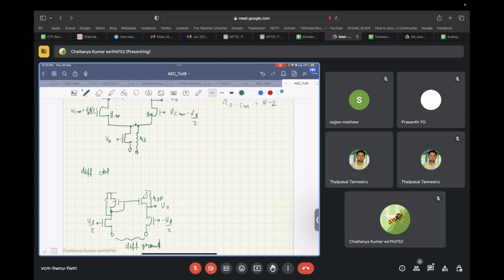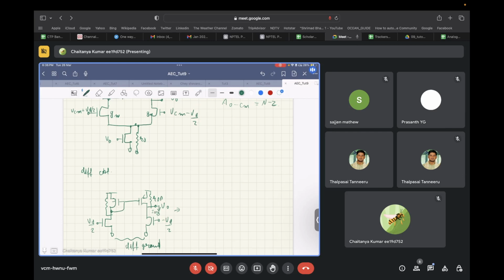Now what you can do is try to find out the Norton equivalent at the output. First of all, for the Norton equivalent, you will find the short circuit current. To find it, you will just put the output to ground and find ISC.